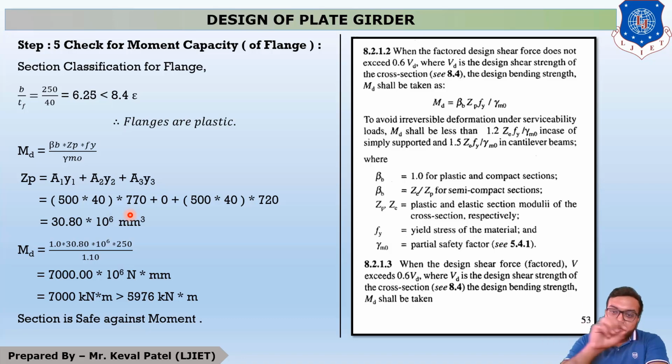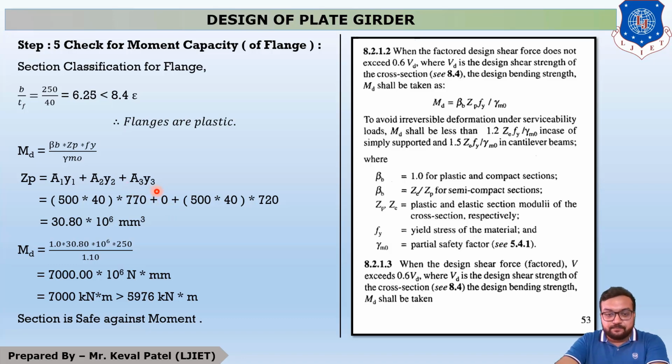Y1 means the difference between the CG of the whole I section and the CG of only the first portion. So it is 770 plus A2Y2. Now this I section is a symmetric section, and for a symmetric section the web portion CG and the combined CG are exactly at the same point, and therefore your value of Y2 is 0. If Y2 is 0, then the A2Y2 term is also 0. So it is directly written as 0 over here.